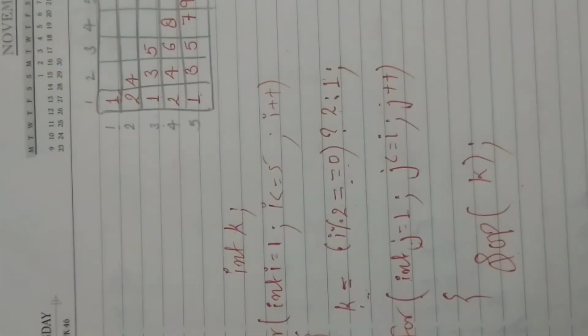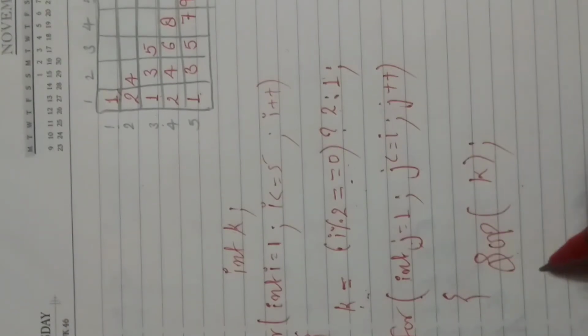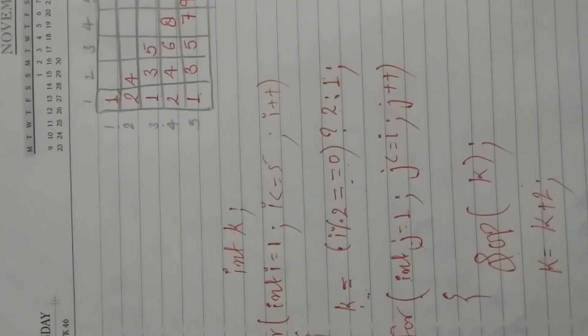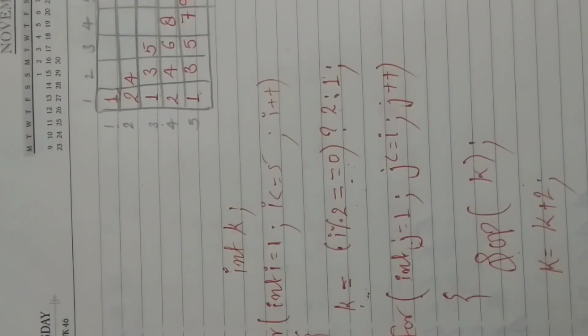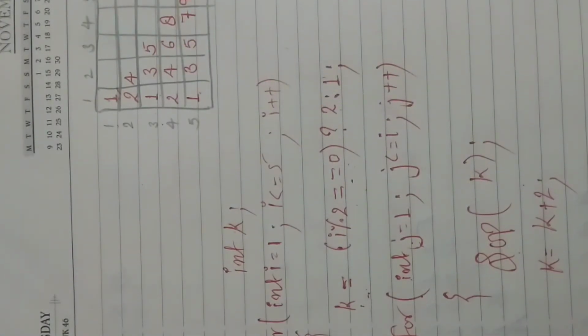After printing this 1, here we write K is equals to K plus 2. We increase the K value by 2. After printing 1, K value increases, now K value is 2.